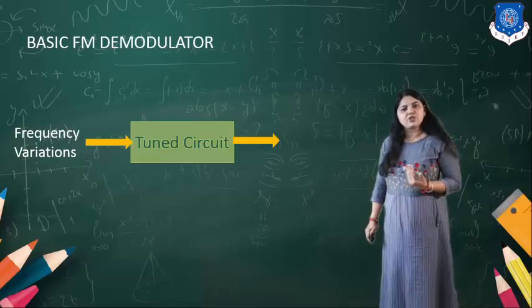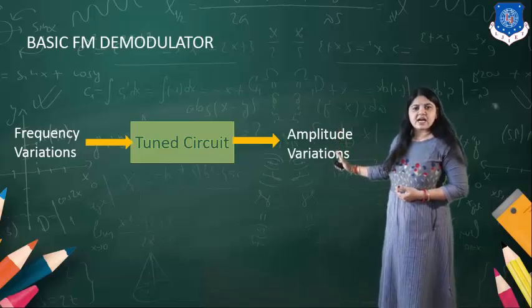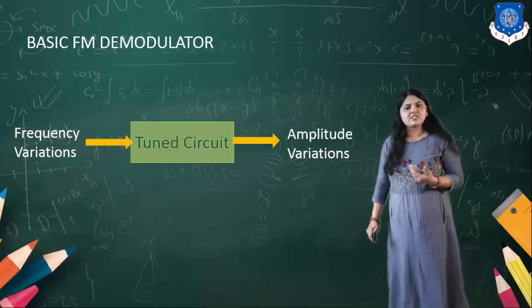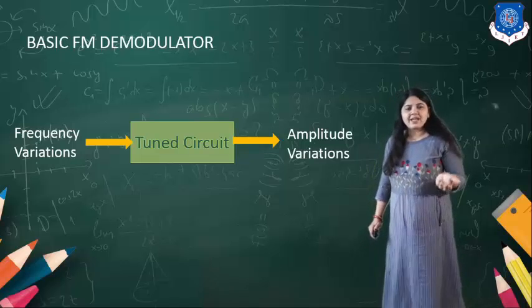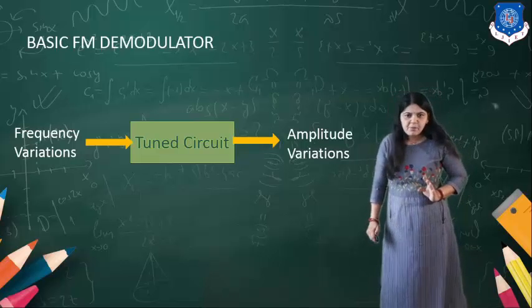Variations are applied to the tuned circuit, and this circuit provides us the amplitude variations. So frequency variations are applied to the tuned circuit, which consists of the L and the C component.